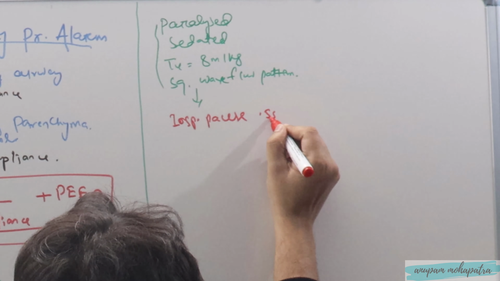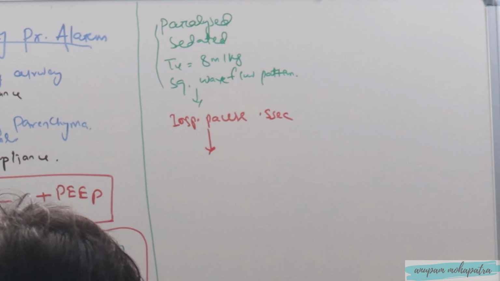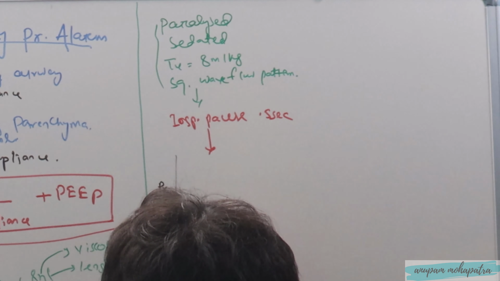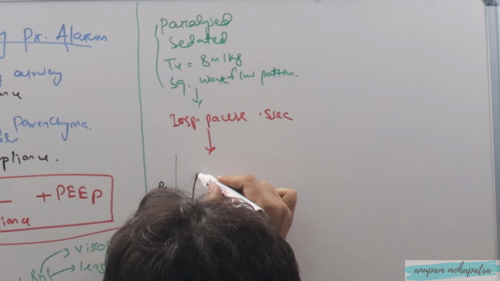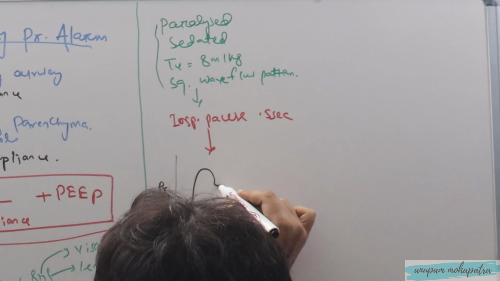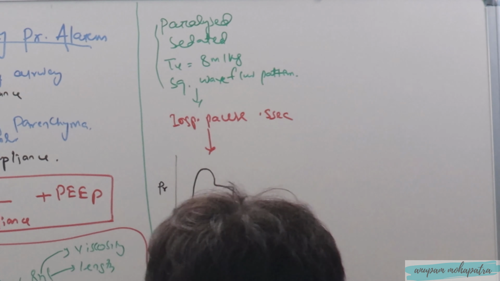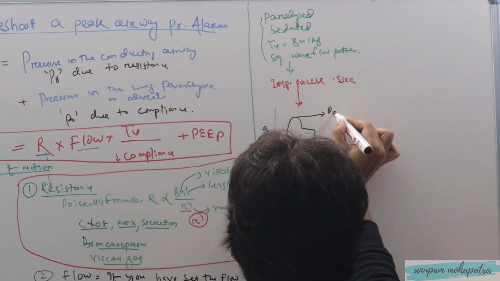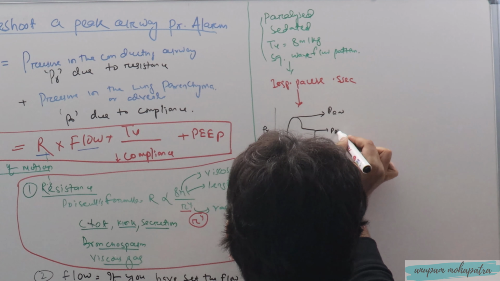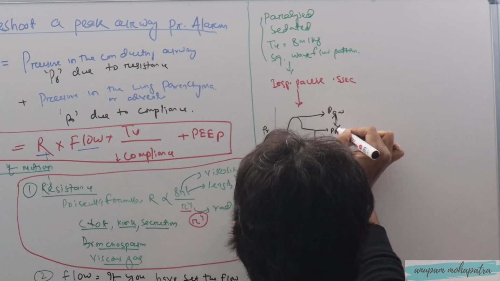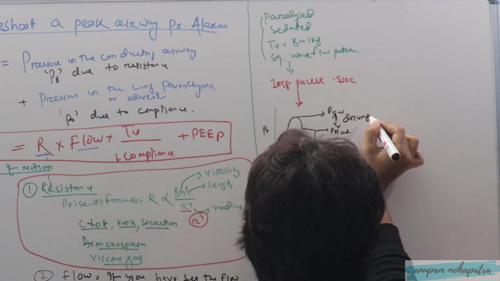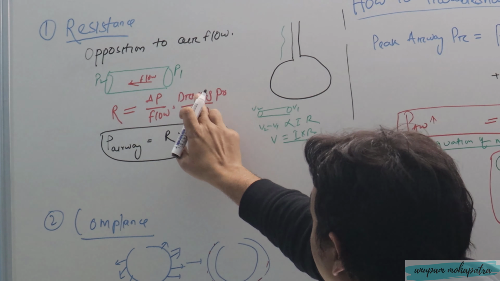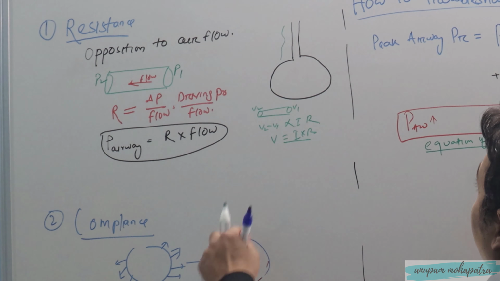If these conditions are satisfied, then you can put an inspiratory pause of 0.5 second. When you do this, you will find a graph like this, the pressure time scalar. Correct? So this is the pressure time scalar. This is the peak airway pressure, this is the P plat, and the difference is called the driving pressure, the pressure responsible for the flow to go from one end of the conducting airway to the other end.